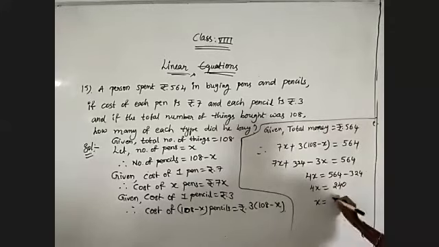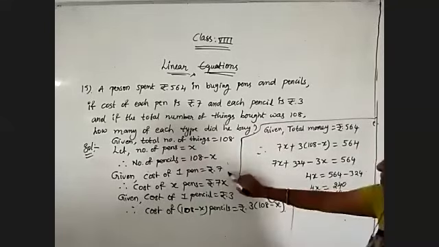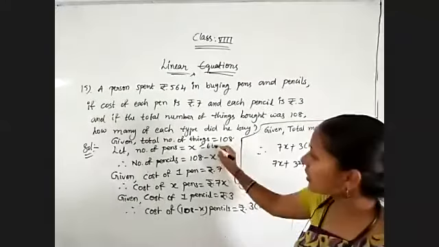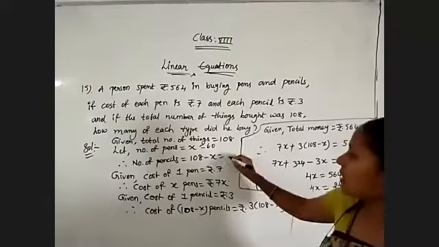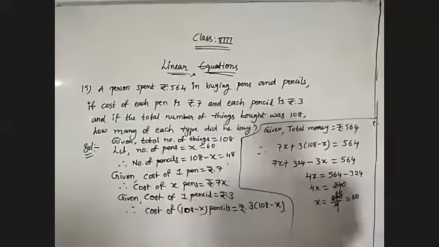So x will be equal to 240 by 4. 4 sixes are 24, so I got 60. Means number of pens is 60. Okay, x, number of pens, is equal to 60. Number of pencils will be 108 minus 60, that is 48. Okay, that's all. So 108 minus x is equal to 48.